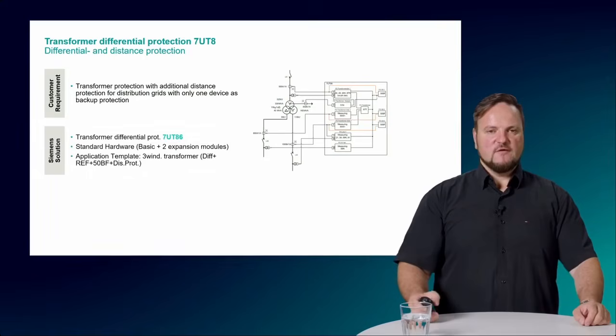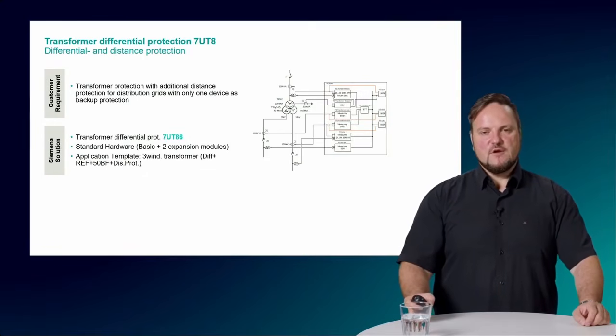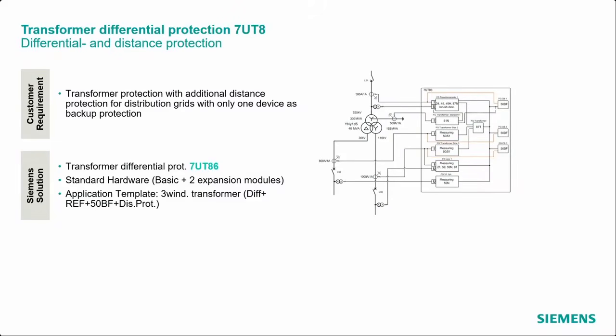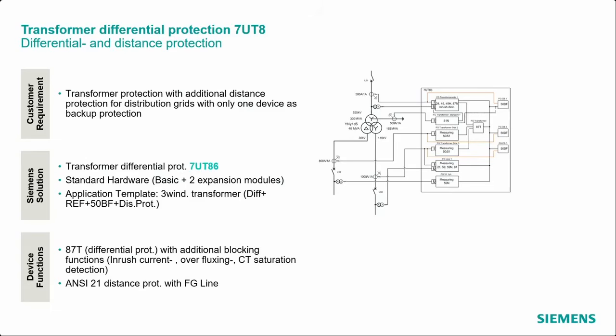So of course we added the distance protection to our SIPROTEC 5 transformer world. We can have 2 instantiations of the function group line, and we can have a distance protection, or we can have the line differential protection as well.